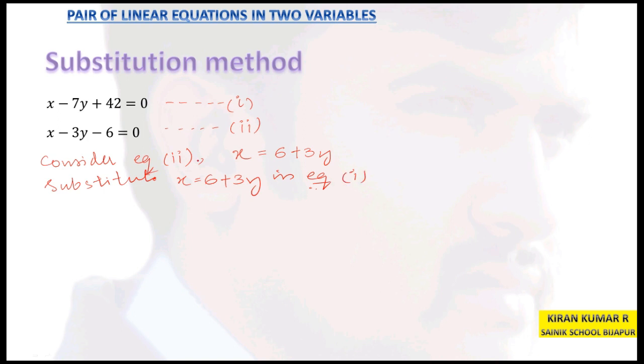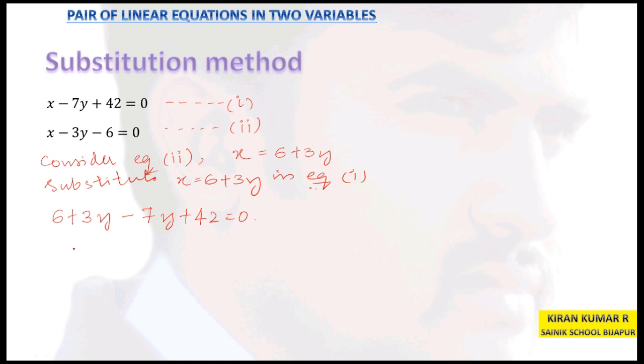We have taken equation 2 and written x in terms of y, and we are replacing that by substituting in equation 1. So x is replaced with 6 plus 3y, minus 7y plus 42 equal to 0.